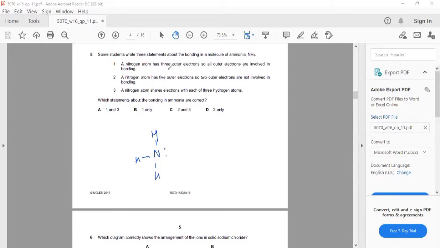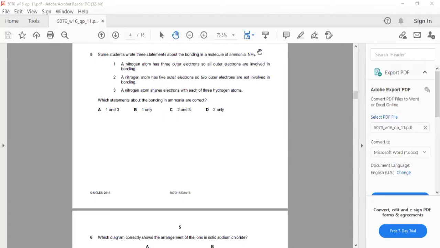Sorry, the internet is glitching. This is ammonia. One statement says a nitrogen atom has three outer electrons, so all outer electrons are involved in bonding. But a nitrogen atom is in group 5.